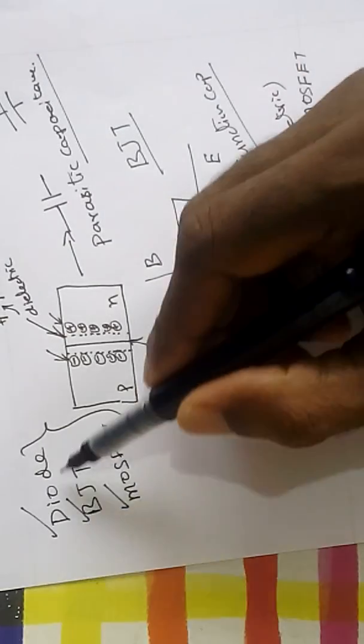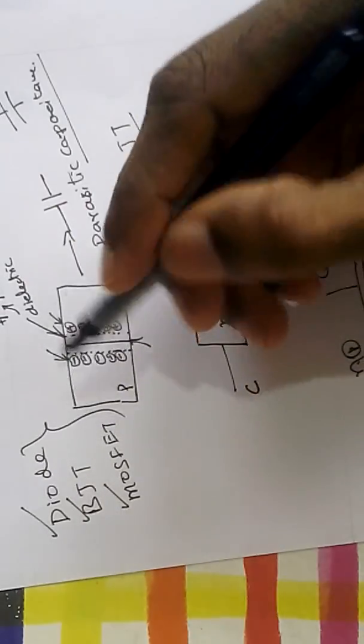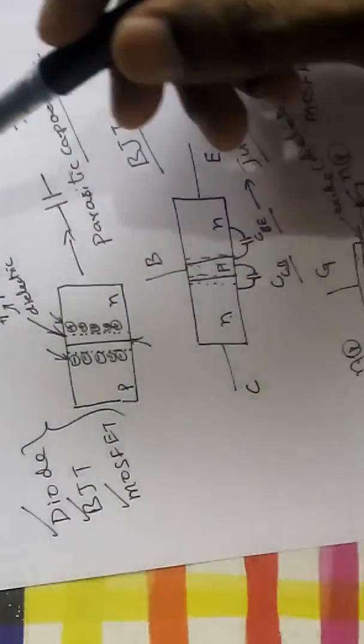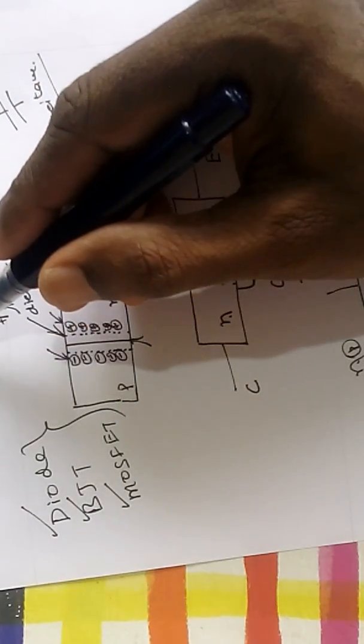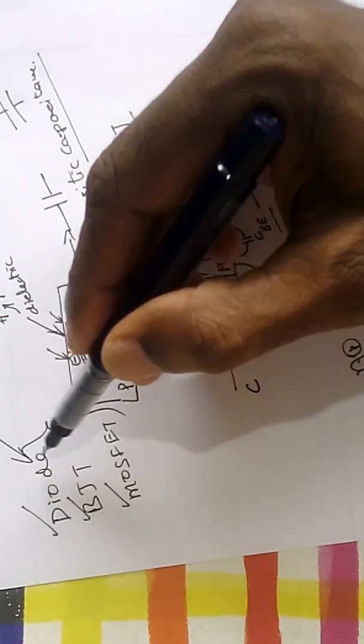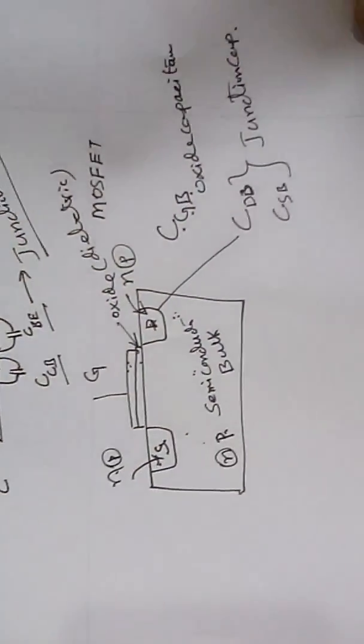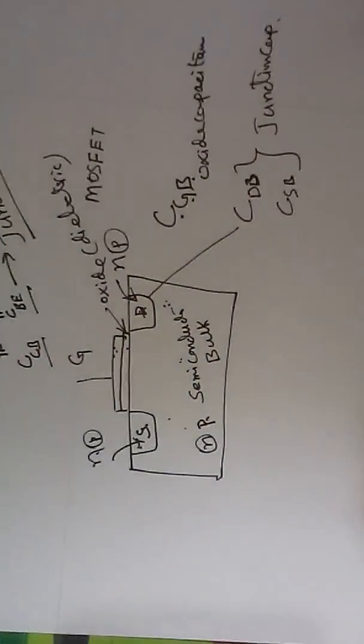So this way the capacitance is slightly different in its existence. It can be in the form of lumped or parasitic. The parasitic is due to these three possible devices, which we'll be repeatedly using in electronic circuits.